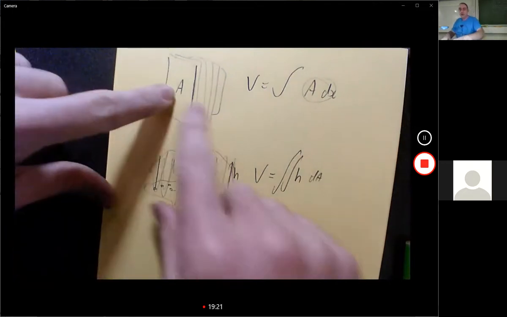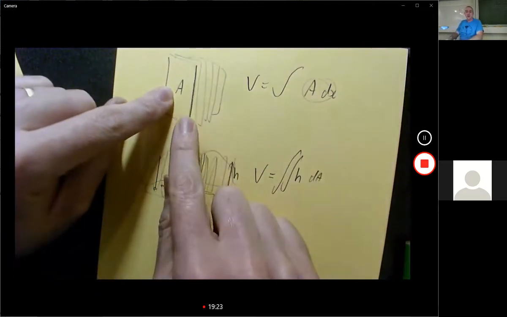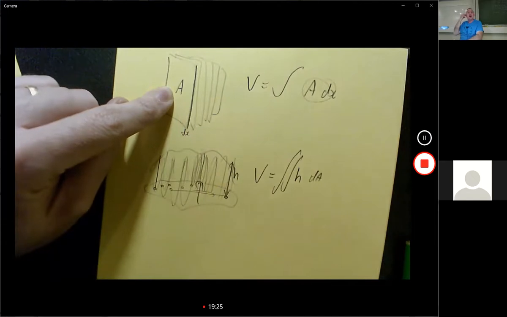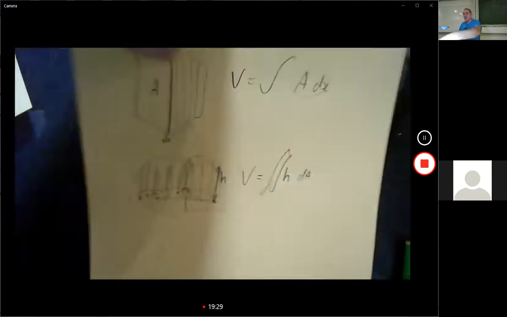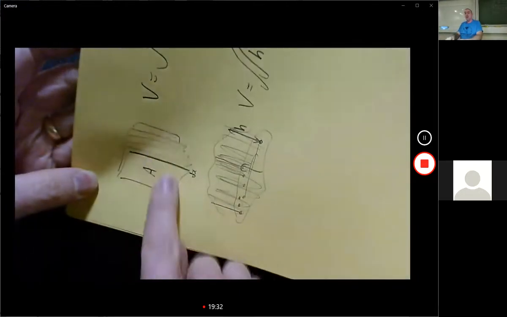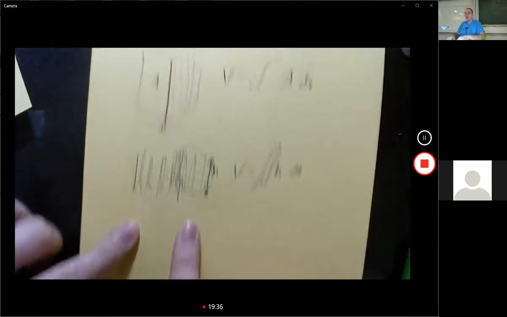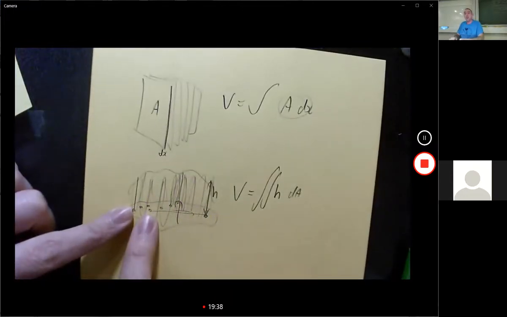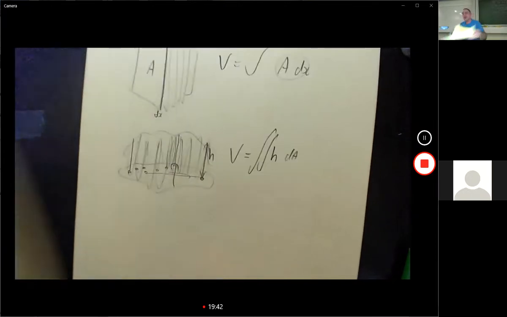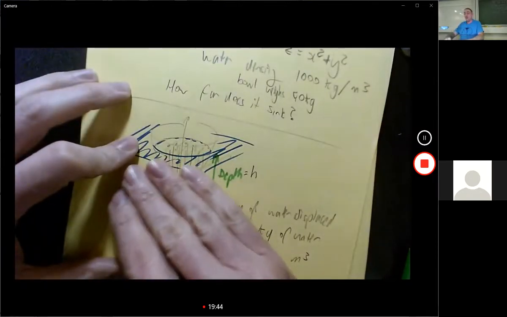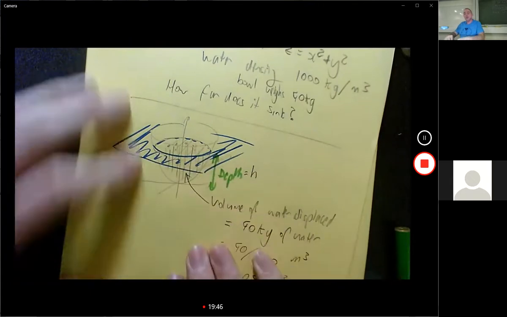So this one requires me to know what the area is at every height. If I turn it this way, I can make an area at every height. This one requires me to know a height at every location in the area. When I look at this, I could imagine it as being made of a whole lot of circular slices.